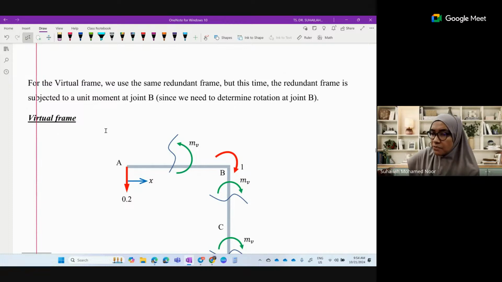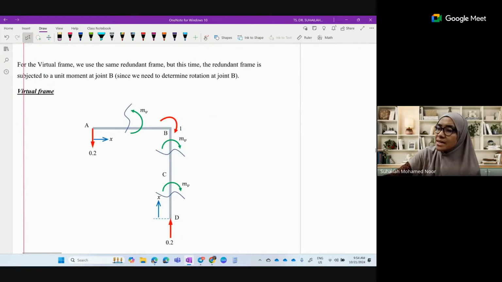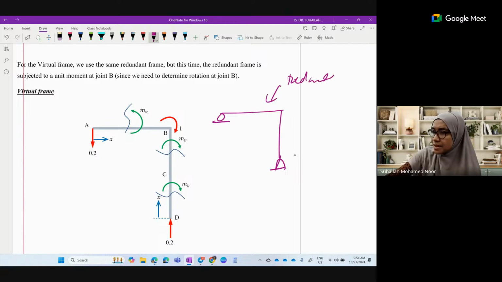Okay, cuma for virtual frame, virtual structure, you kena follow dia tak boleh jadi indeterminate. Yang ni you kena follow redundant punya frame. Tadi kalau redundant kita macam ni, pin dengan roller, redundant kan?